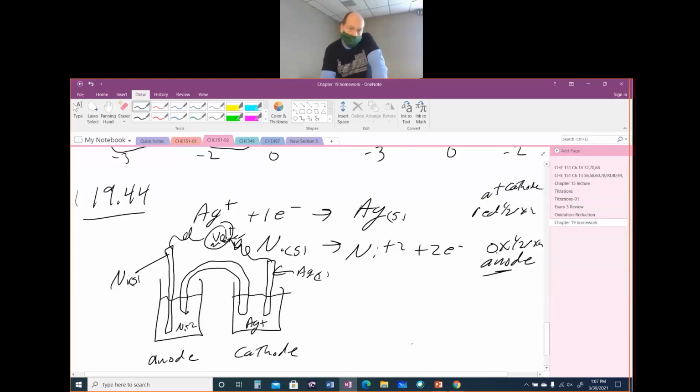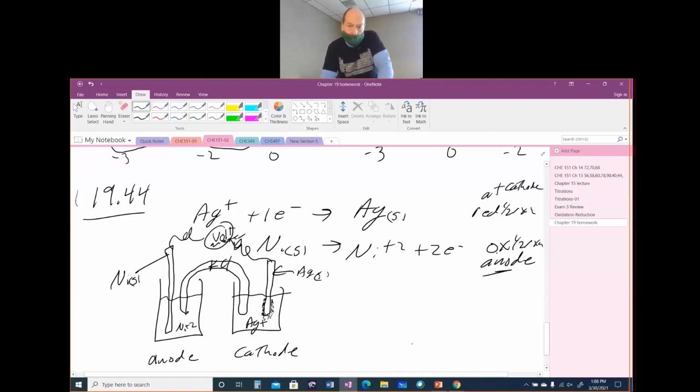So does it matter what you use for the salt bridge? I'm going to use KCl. So my salt is going to be KCl. And so we see what's happening. When this reaction is going, my Ag plus is forming Ag solid. And so over time, you're going to see silver growing on this electrode.